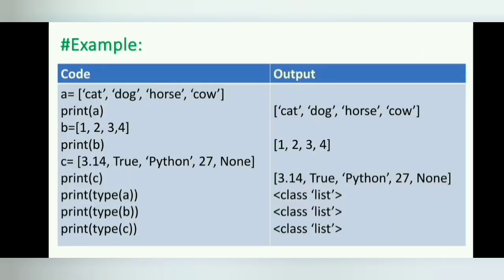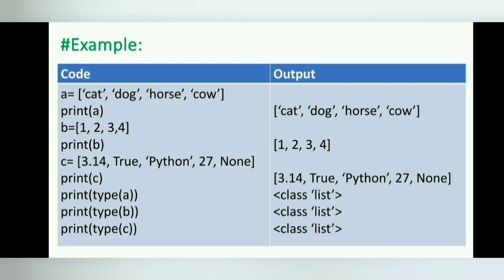To get a better understanding of the list, let's examine some examples of lists in Python. Example. In this example, a list containing string type values cat, dog, horse, cow is assigned to the variable a.